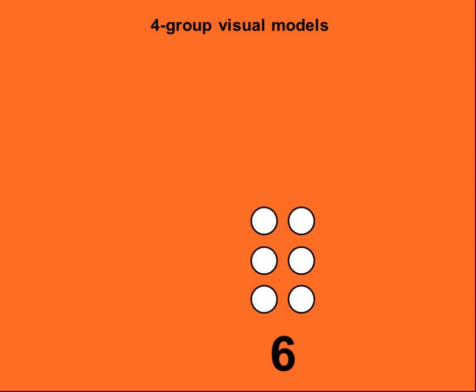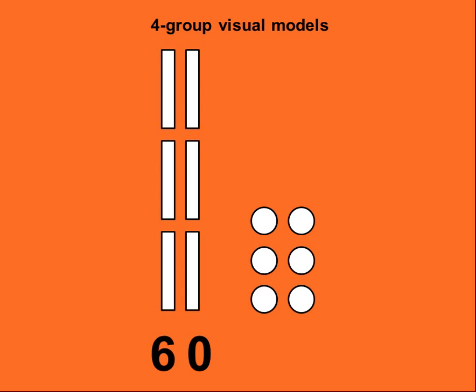In the four-group method, 6. Now 60 is the same representation, the same pattern.